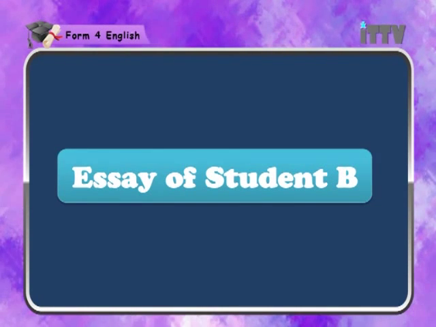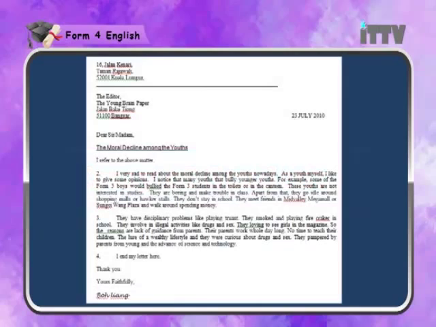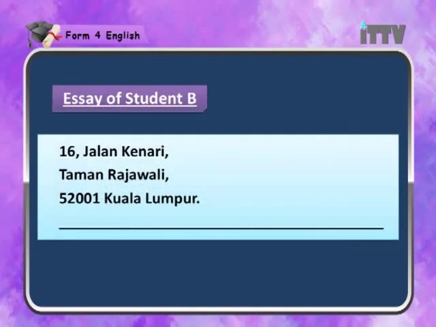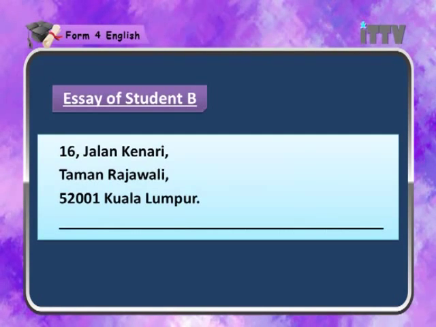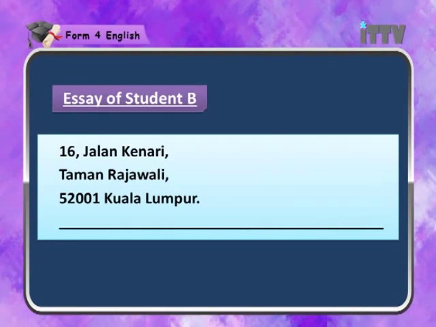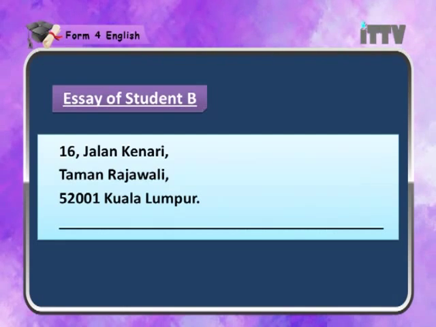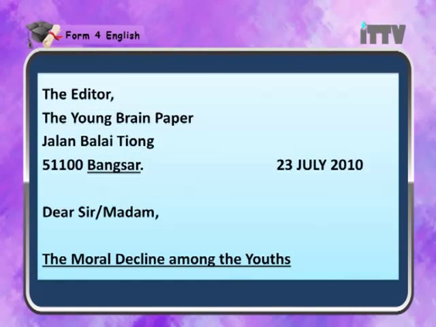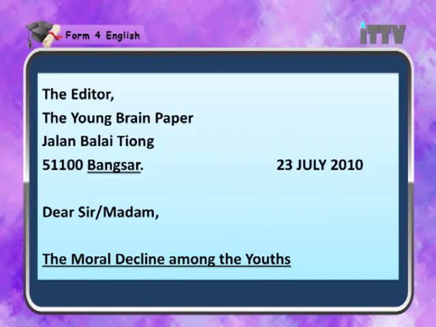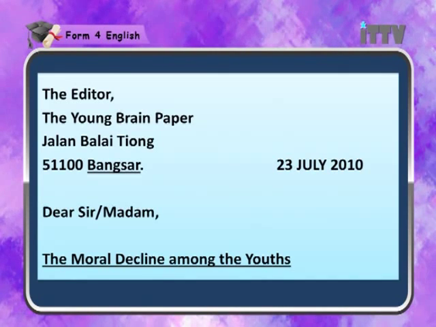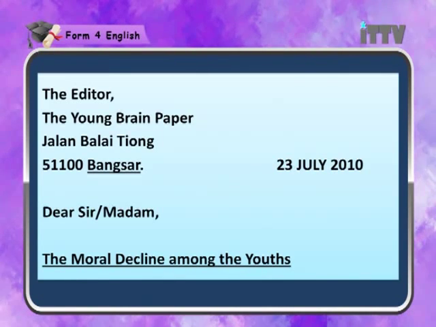Next, let's look at an essay of student B. So this is the essay. Essay of student B. 16 Jalan Kenari, Taman Raja Wali, 52001 Kuala Lumpur, the line. The editor, The Young Brain Paper, Jalan Balai Tiong, 51100 Bangsa, underlined.